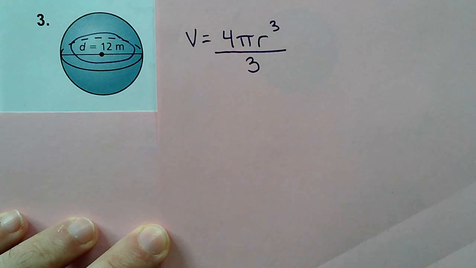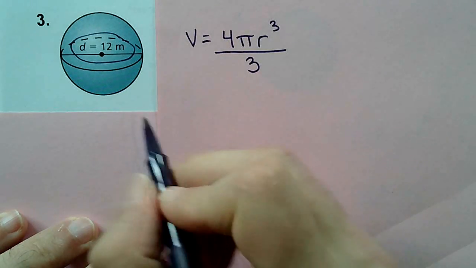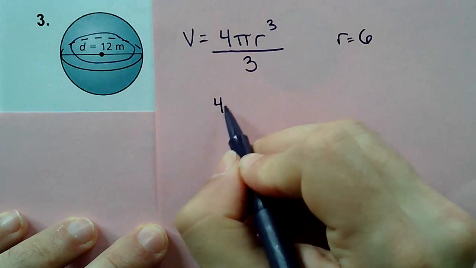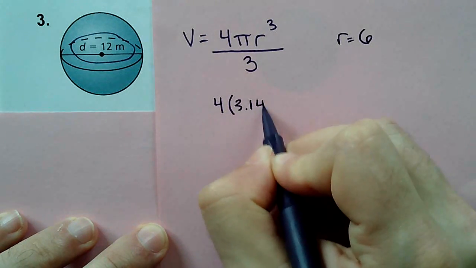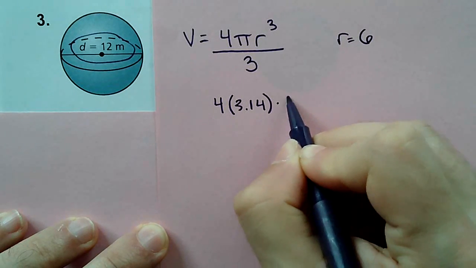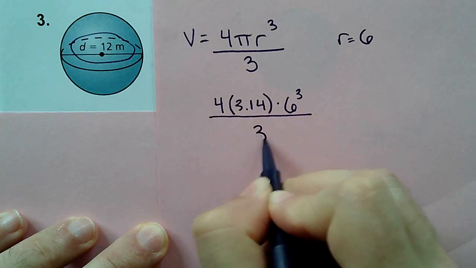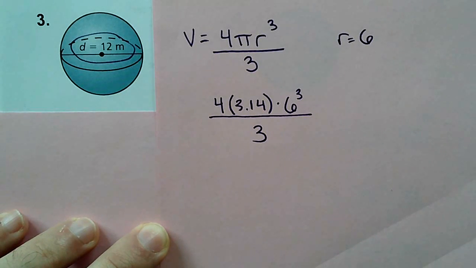So I got to divide that by 2. So my radius is 6. 4 times 3.14 times 6 cubed divided by 3. I'm going to go ahead and calculate that. 4 times 3.14 times 6 to the power of 3.